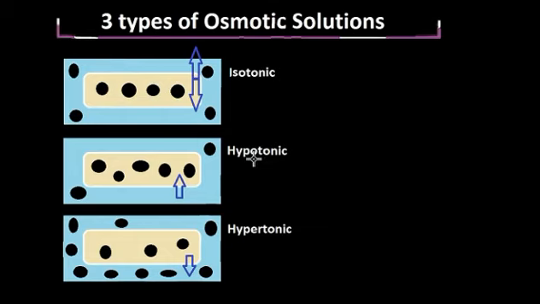Hypotonic refers to the lesser, hypo means below, the lesser amounts of solute outside of the cell compared to inside of the cell. And then hyper means above, refers to the greater concentration of solute outside of the cell compared to inside of the cell. And so when you're thinking about these scenarios, you want to think about the outside of the cell relative to the inside.